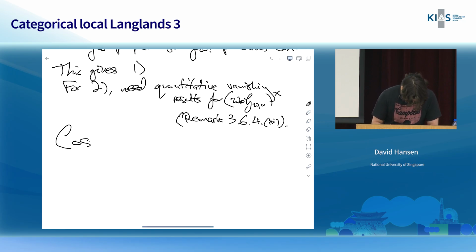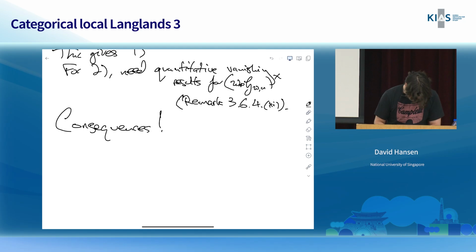Okay, so consequences. The first is this theorem that was already stated yesterday.